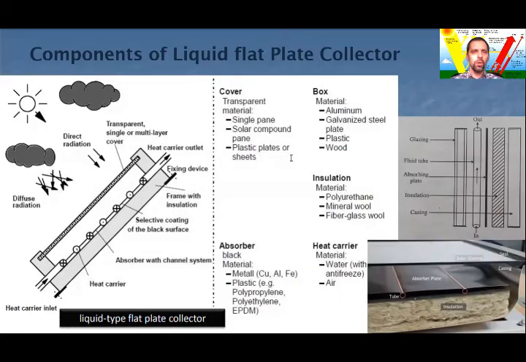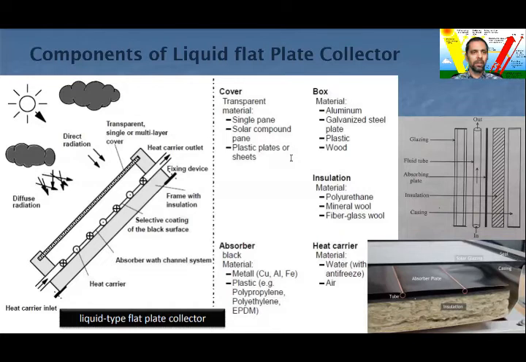So, what are the components of a liquid flat plate collector? Cover or glazing, which may be one or more sheets of glass or other radiation transmitting material, for example polycarbonate, for reducing heat loss.